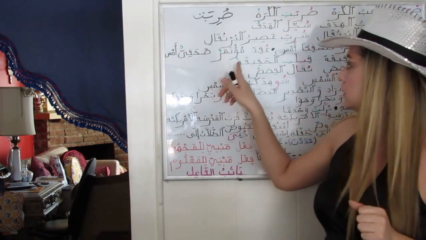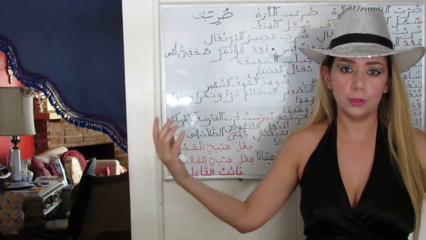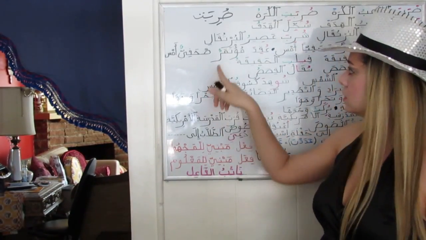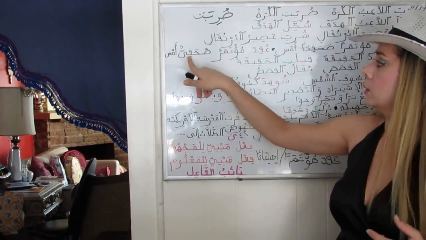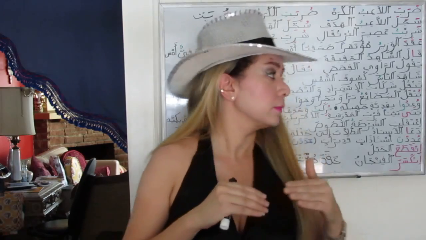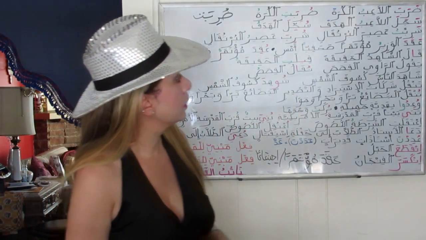Since this is now the subject of the verb عقد, it will be in the nominative case. مؤتمر, and its modifying adjective also will follow. صحفي أمس. So a press conference was held yesterday.